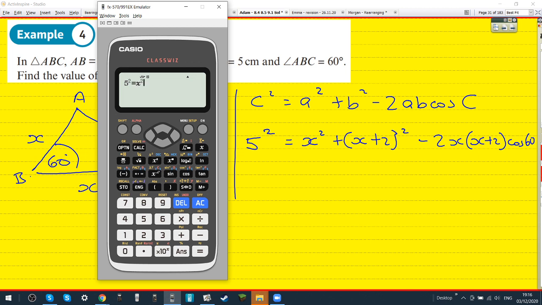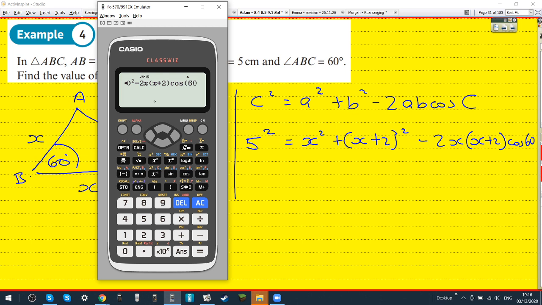X squared. I got error. Press left. Error.